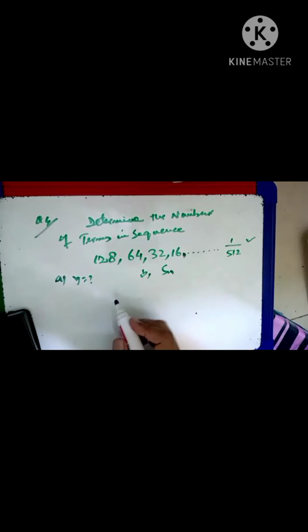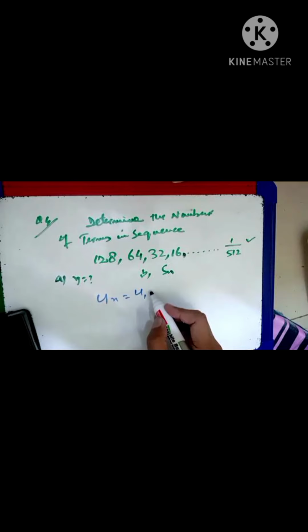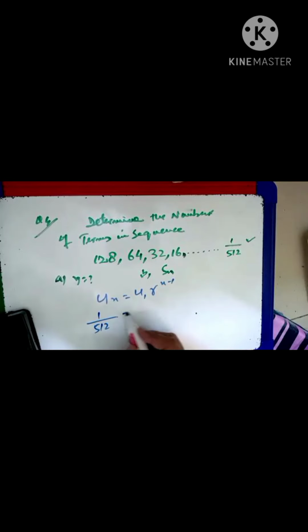I hope you always write this formula: Un equals u1 r to the power n minus 1. Okay, simple. And Un, of course, is 1 over 512, and u1 is 128.